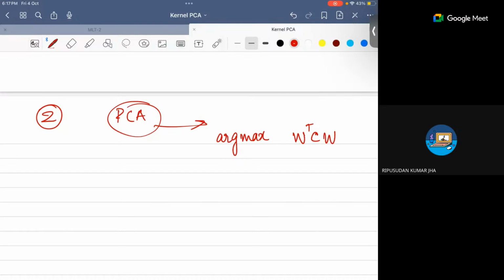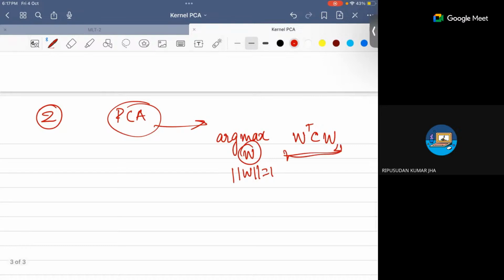Here we were applying a constraint that the length of w should be one, because we only worry about the direction, not the length. So we were finding that w where this argument function is getting maximized.